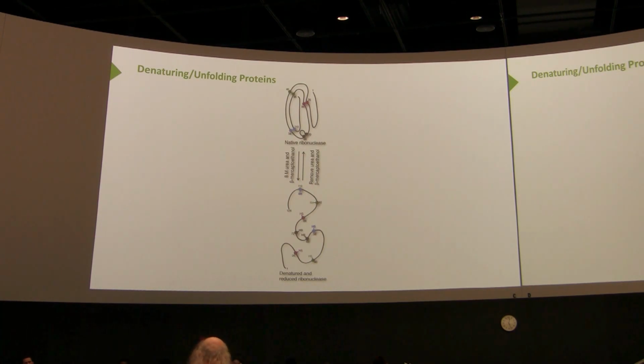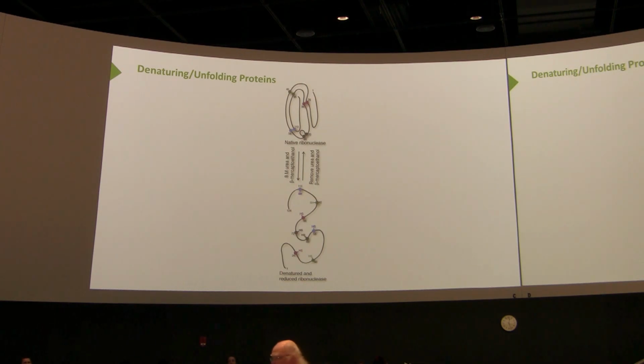RNase is really interesting because it is very, very stable against most of the forces that I've already described to you. If I take RNase, put it into a tube, and boil it, I discover that there's still some activity there. Whoa.